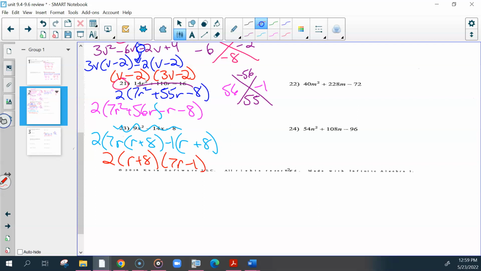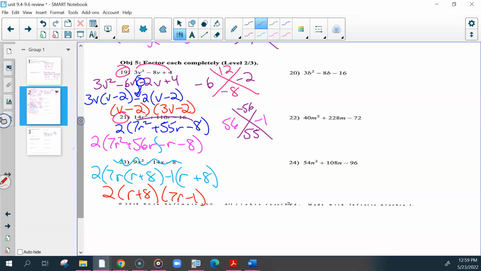Were there any others in this section or the same section on the back that we want to go over? 20 on this side. For number 20, does this have a GCF or something in common?